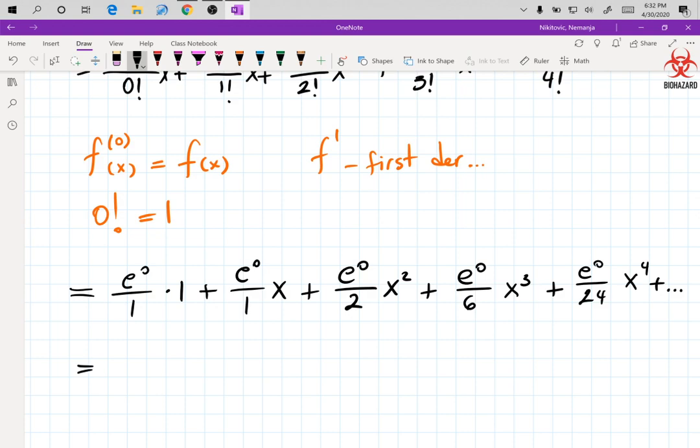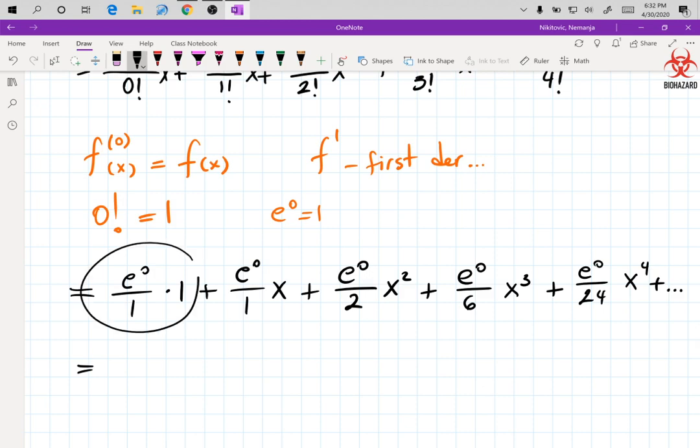When I solve all of this, each e to the 0 is equal to 1. That's also some algebra stuff.